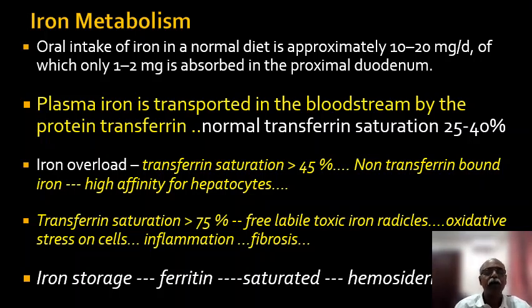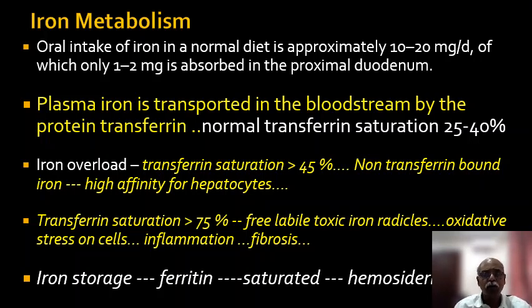These are toxic radicals, which lead to oxidative stress on the cells, repeated inflammation, and subsequently fibrosis. So a repeated iron overload status with more than 75% transferrin saturation will lead to repeated inflammation, oxidative stress, and fibrosis. This is the basic pathology behind the iron metabolism.